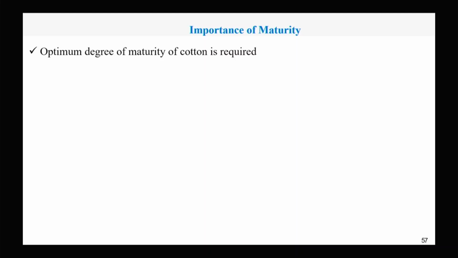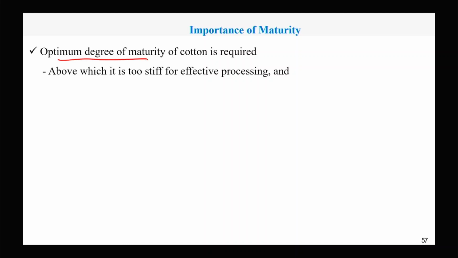So what is the importance of maturity of cotton? We need an optimum degree of maturity. It should not be too high. If maturity is very high, then stiffness will increase and fibers will become very stiff.